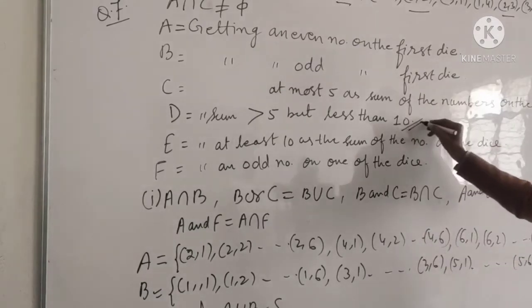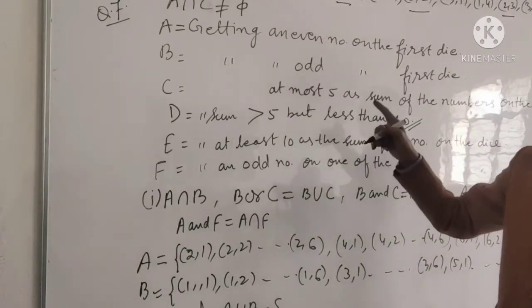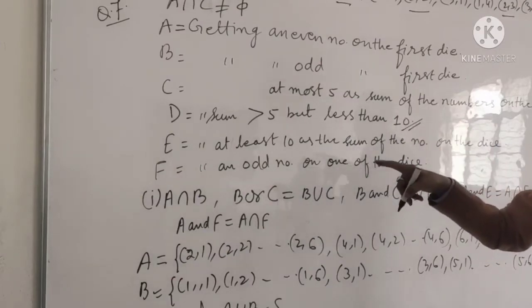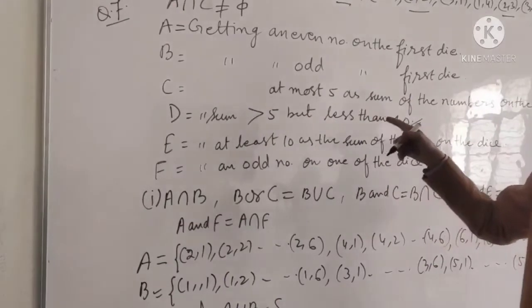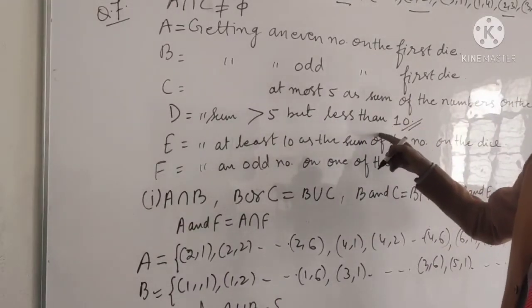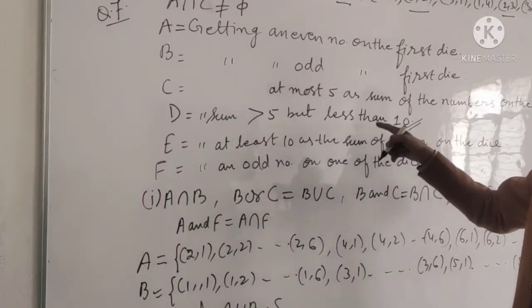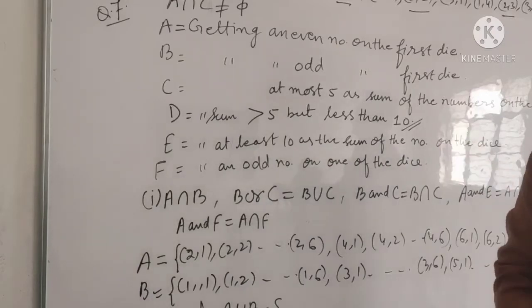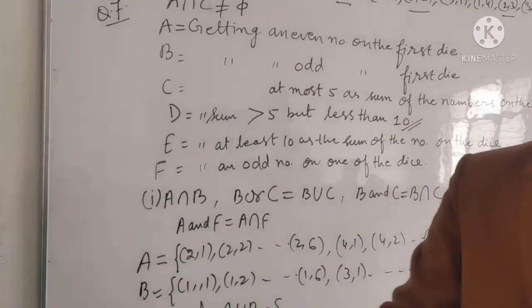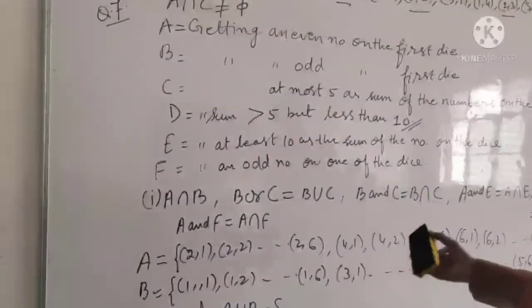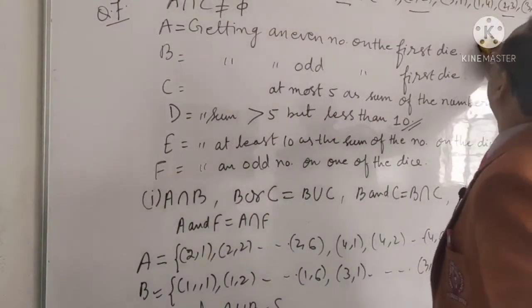Here you are taking less than 10, not taking 10 also. So the sum is greater than 5 and less than or equal to 9. So this event cannot be exhaustive. Okay, so let's find the D event.